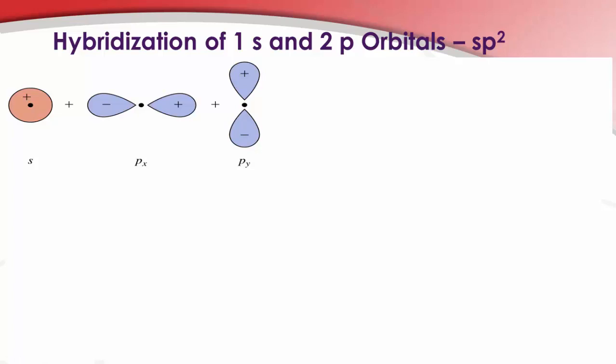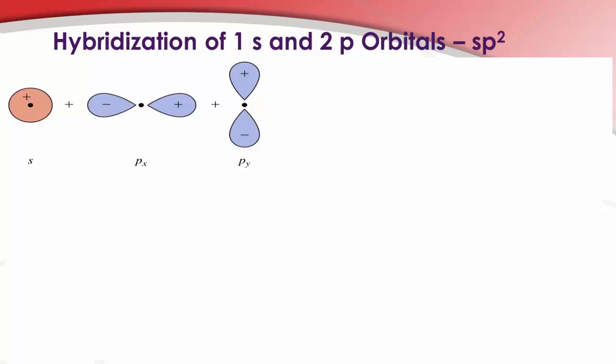Okay, but then we can begin to consider the idea of, if that's the explanation for ethane, how do we explain molecules like ethene, where we don't see tetrahedral geometry?